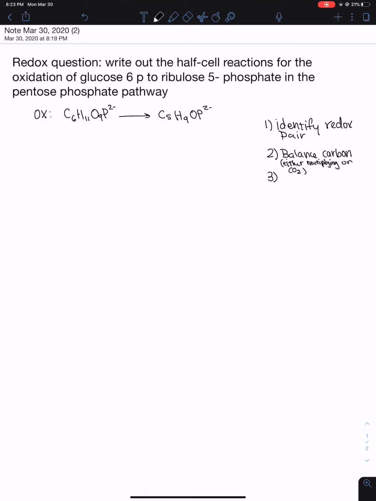So step 3 is balance oxygens, and you do that with water by adding H2O. 4, you want to balance hydrogens with H+, and 5, balance charge with electrons.